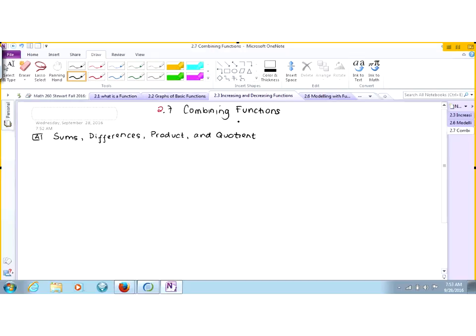Suppose F has domain A and G has domain B. Then this is the sum.